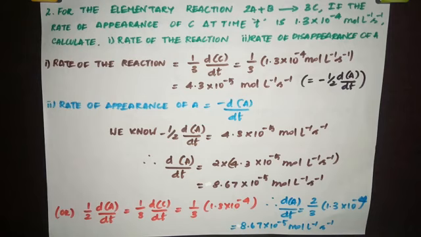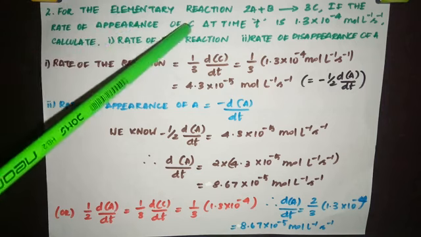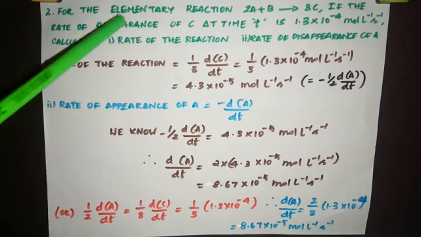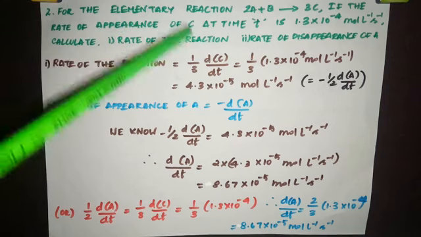Now you are supposed to find out the rate of the reaction and the rate of disappearance of A. So you can find out the rate of the reaction by relating it with the rate of appearance or disappearance. Since the rate of appearance of C is given, you can write the rate of the reaction in terms of appearance of C and then calculate the value.